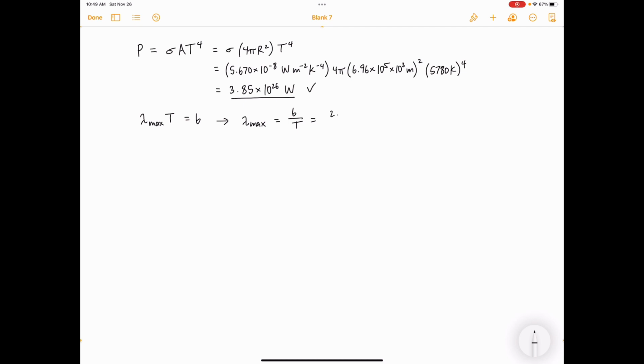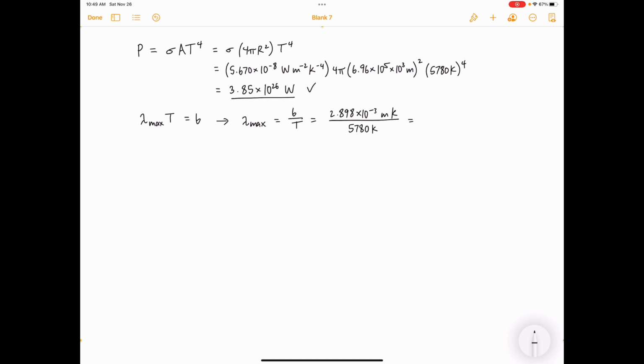The constant B is 2.898 times 10 to the power minus 3, and the units here are meters times Kelvin. Then we divide out the temperature, which is 5,780 Kelvin. Notice how Kelvin cancels, and we're just left with meters.